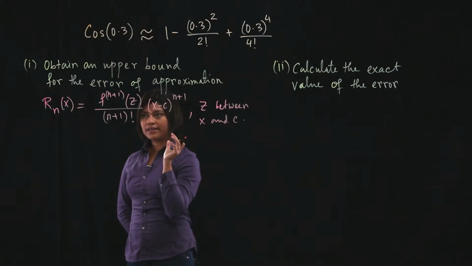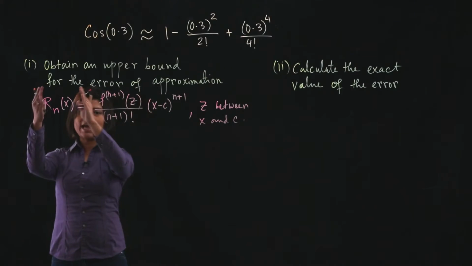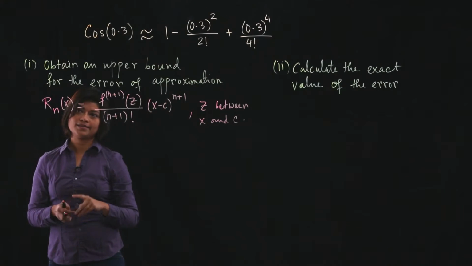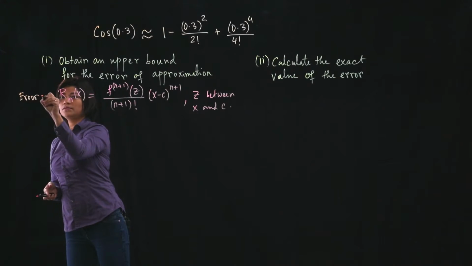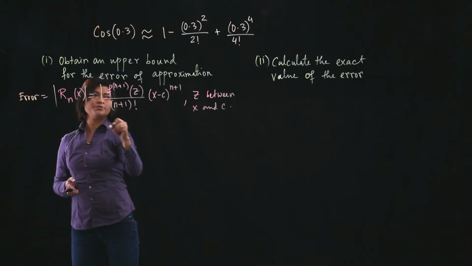The error is nothing but the absolute value of R_n(x). So that's what we have to figure out. You just take the absolute value.